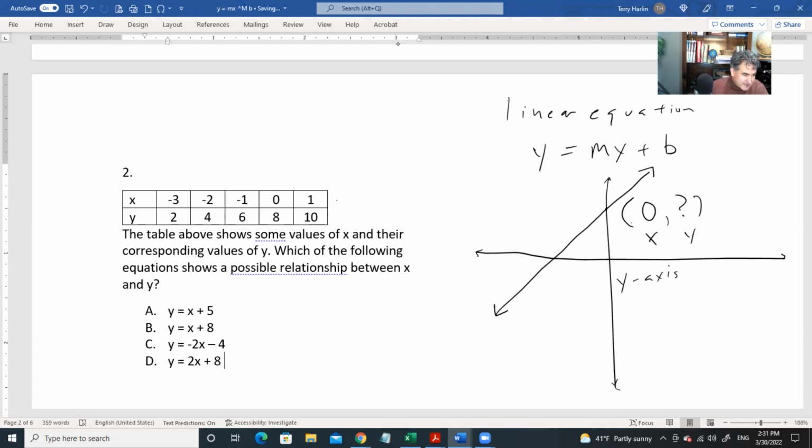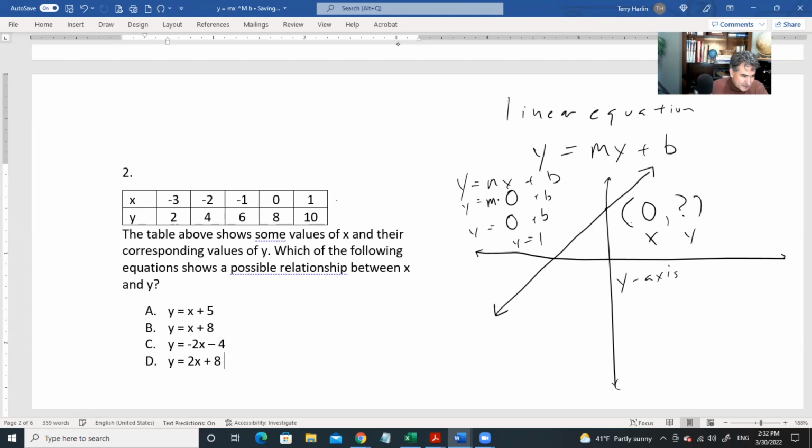Now, let's look at it this way. I've got y equals mx plus b. I have a value of 0 for x. And when I multiply m times 0, I'm going to get 0, which means that my y is simply going to equal b at that point.